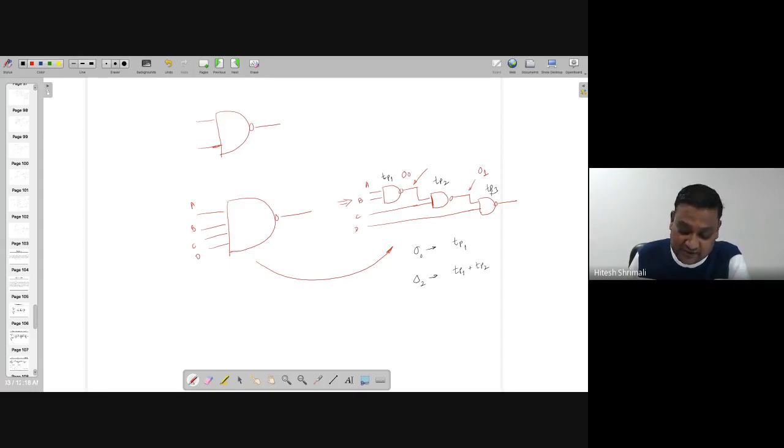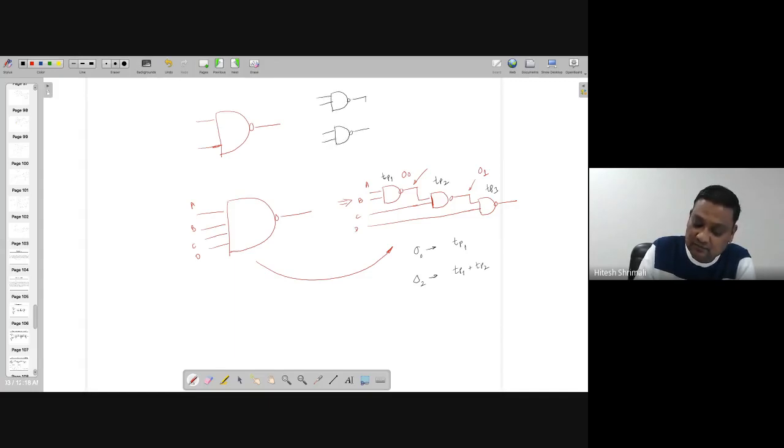But instead of doing this, if I do as follows, this is also a very simple thing. Because the time when this was computing, at that time another NAND gate will also compute, right?